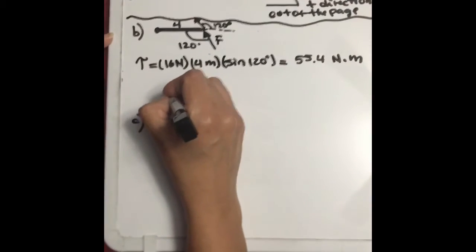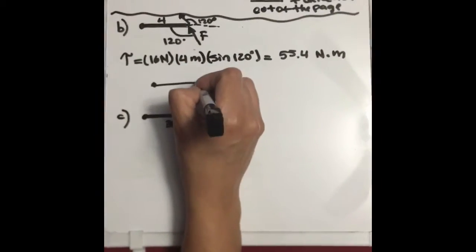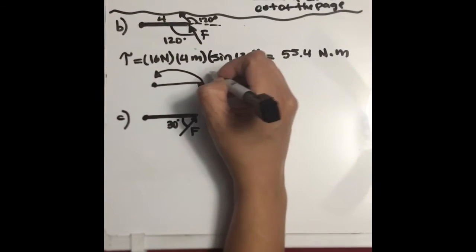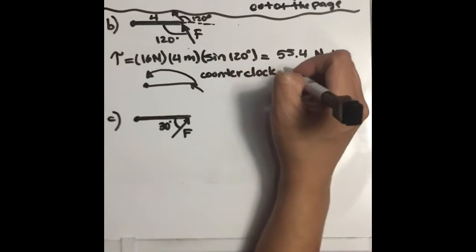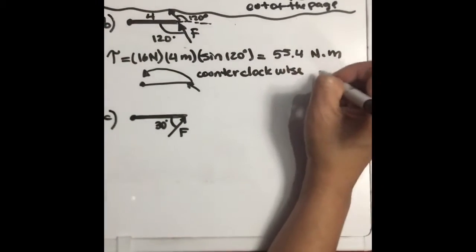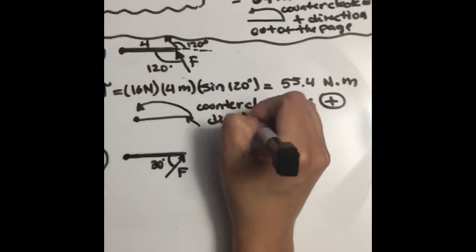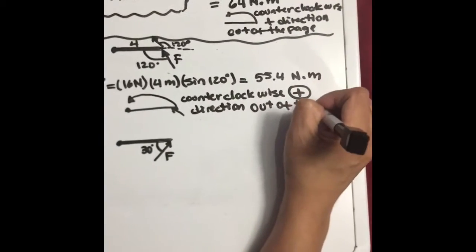And again, because the force is applied in this direction to the door, it's going to rotate the door this way, again counterclockwise, which is a positive direction, out of the page.